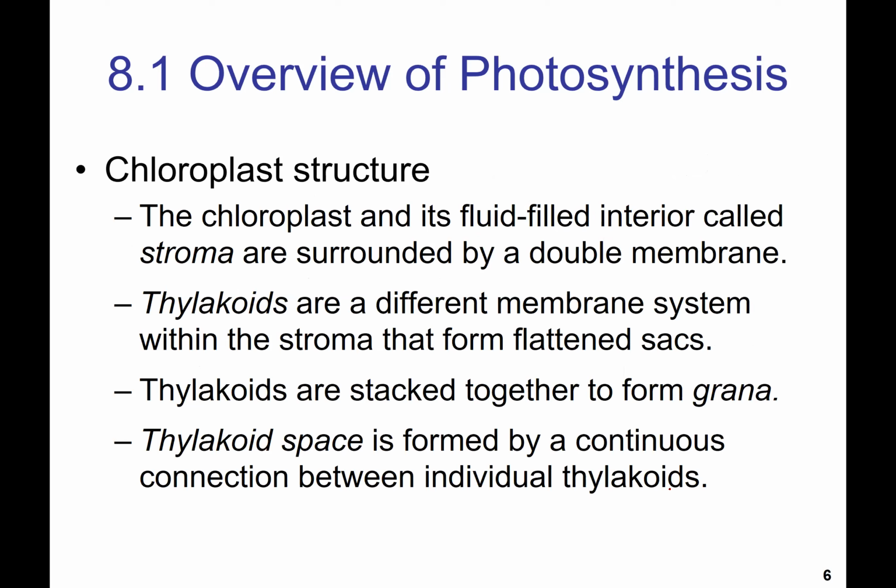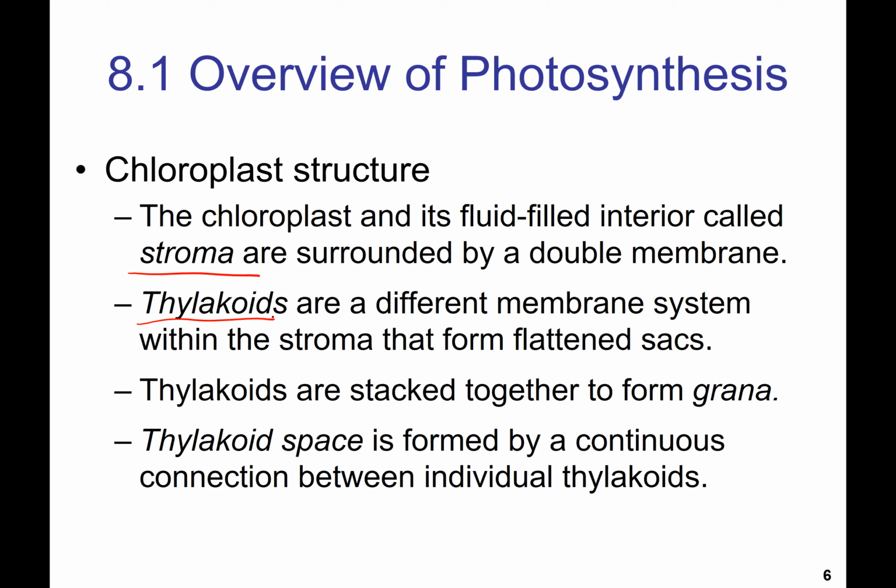So let's talk about the structure of the chloroplast. The chloroplast structure is kind of similar to the mitochondria structure in the fact that it's going to have several different membranes, several different layers, and then it also has a jelly-like fluid-filled section. So the chloroplast and its fluid-filled interior is called the stroma. Remember, the mitochondrial fluid-filled part was called the matrix. Within the chloroplast, you're going to have thylakoids.